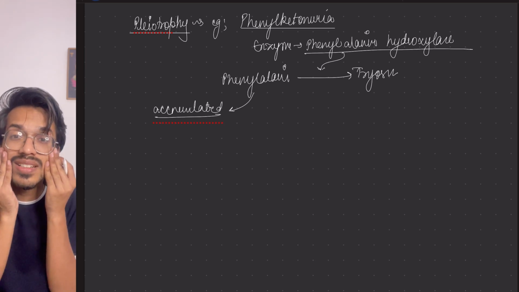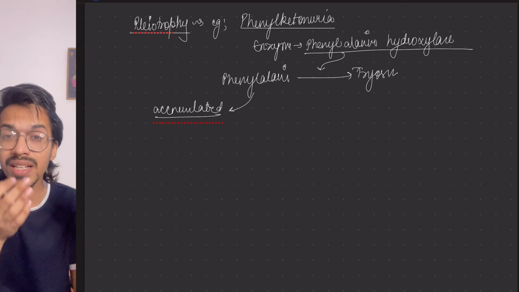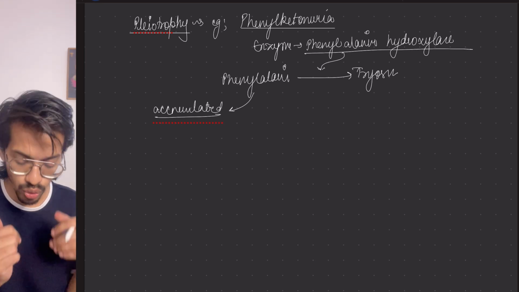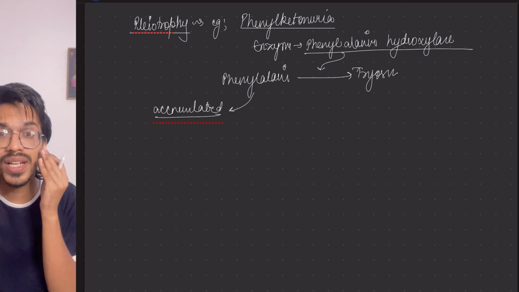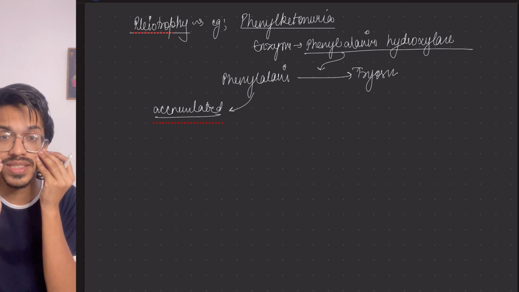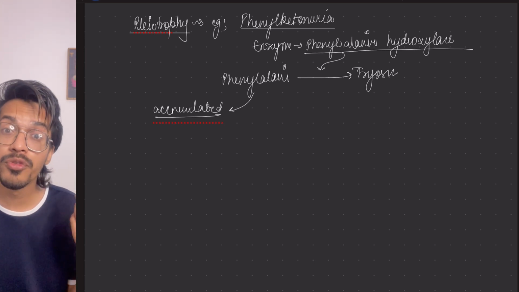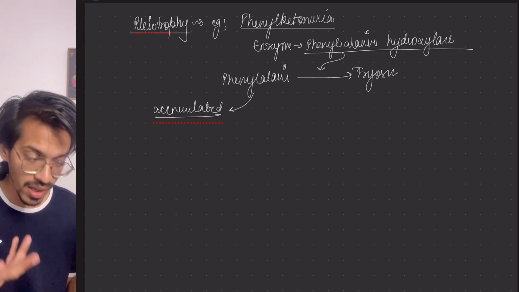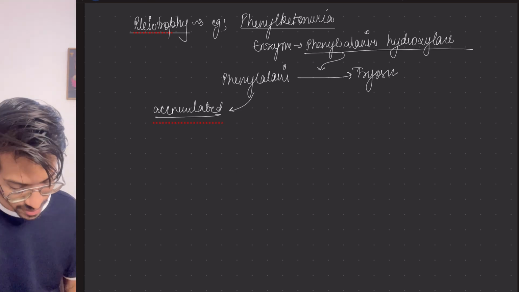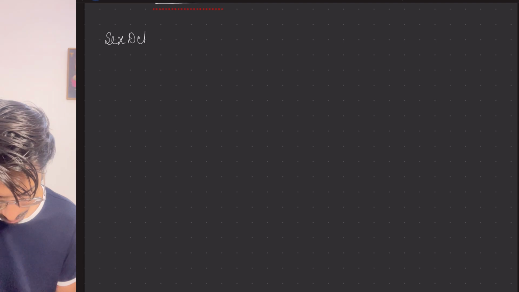So different organs are being affected. So we call it a single gene problem showing effects on the joints, on the skin, on the brain, causing mental retardation. So this is pleiotropy: a single gene showing multiple effects. Next thing is sex determination.